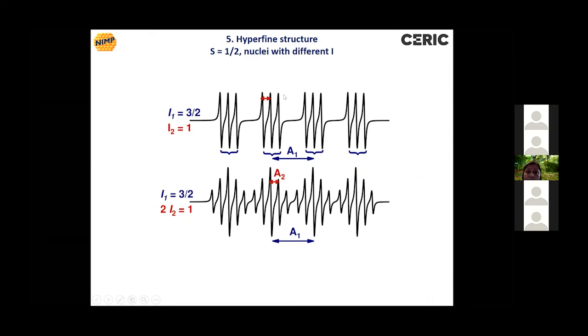Such a situation you encounter where you have the interaction with the central ion, which could be a copper in this case for this spin 3/2. And then you have super hyperfine interaction with a ligand, and this could be a nitrogen ion. For the same nuclei and with the same hyperfine parameters, this is how the spectrum looks if there are 2 ligand ions contributing to the hyperfine structure.